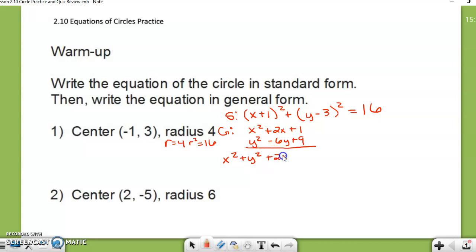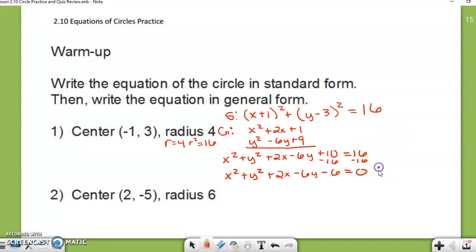Now I'm just going to write this in order for general form. Plus 2x minus 6y. I have plus 10. Remember, I'm equal to 16. Last thing I have to do is be equal to 0, so I'm going to subtract 16 from both sides. And my general form ends up being x squared plus y squared plus 2x minus 6y minus 6 equals 0.